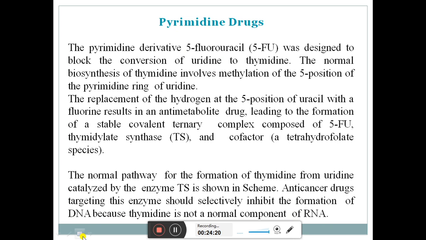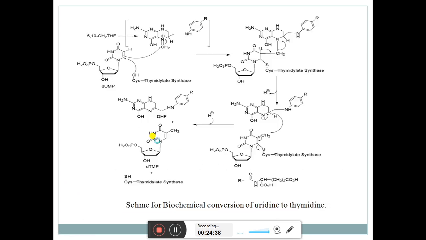So what is the scheme? Let's just see the scheme. What they have mentioned here is the normal pathway: normally how thymidine is obtained from uridine. Okay, so uridine, arrow, thymidine, and on the arrow it requires the enzyme thymidylate synthase. So this is the scheme for the biochemical conversion of uridine to thymidine. So what is the role of this thymidylate synthase enzyme?